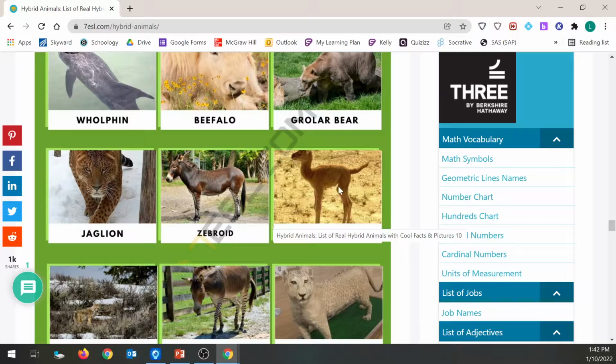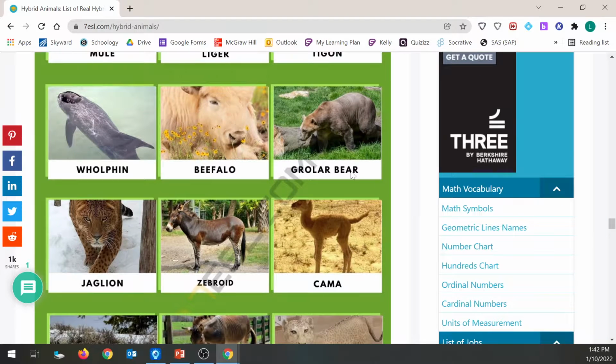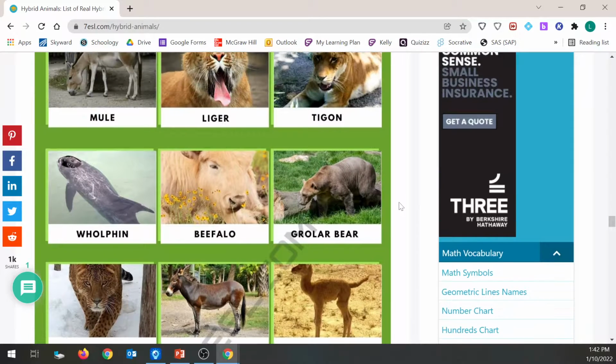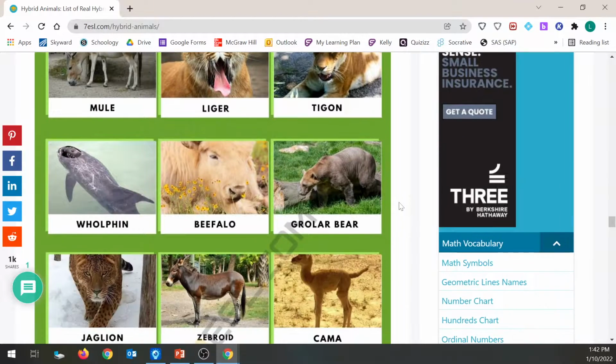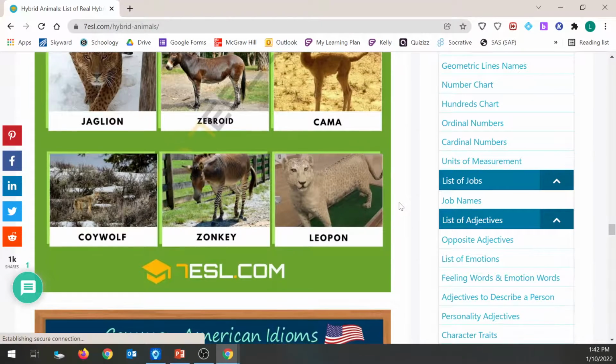A cama is a camel and a llama. That thing looks messed up. Why is it called a beefalo? I don't know what a beefalo is. Keep scrolling. A beefalo is a buffalo and a bison. Why can't they give them normal names, like mule?